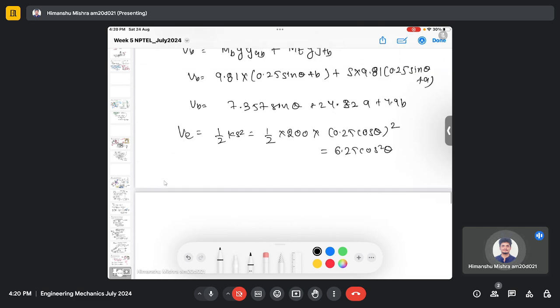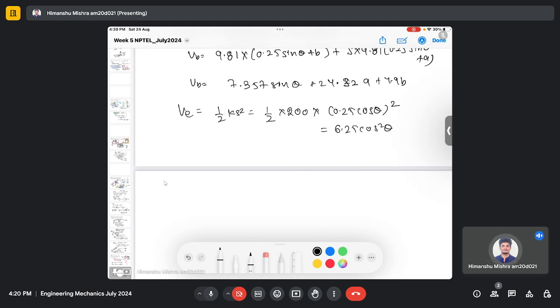So we know that for the system to be in equilibrium, the summation of potential energy due to the gravitational force and the elastic member should be equal to 0.